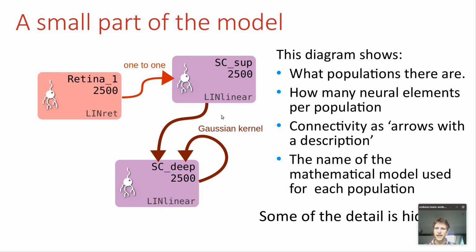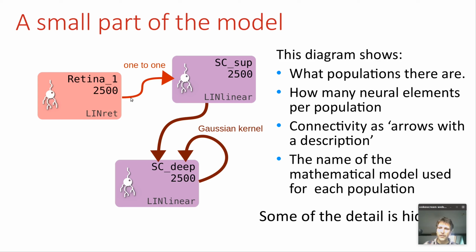So here, back to a mechanistic brain model. Here's a small part of the model. I show the diagrams as these box and arrow diagrams. So it basically shows you what populations we're considering. 2,500 is the number of neurons or neural elements in that population. This text in grey tells you what mathematical model is being used for those neurons.